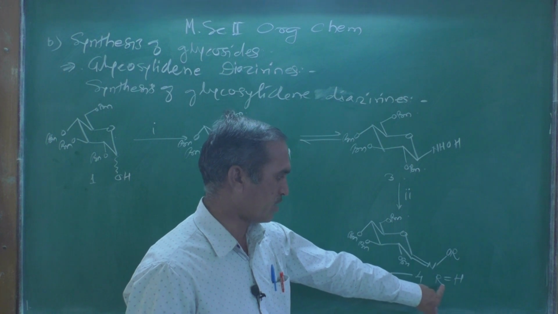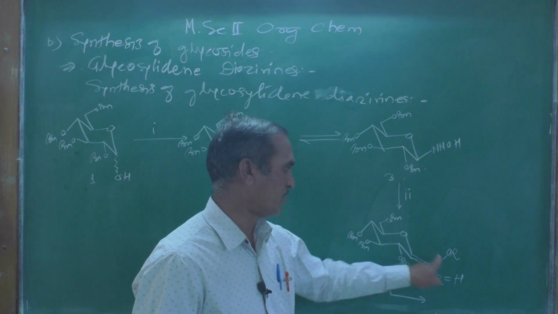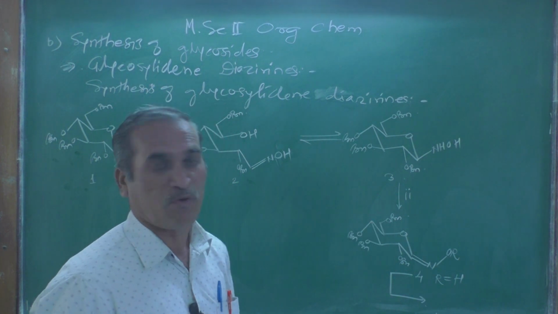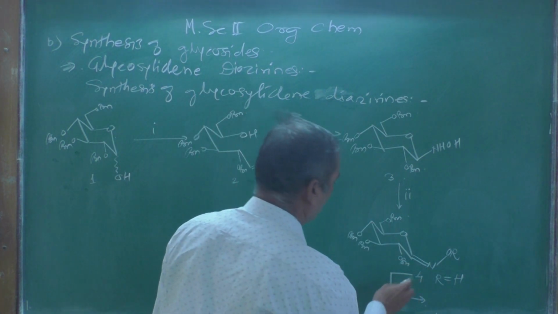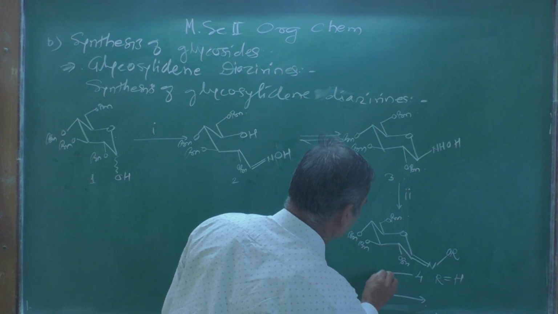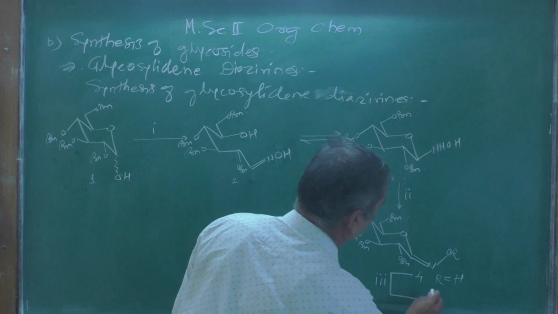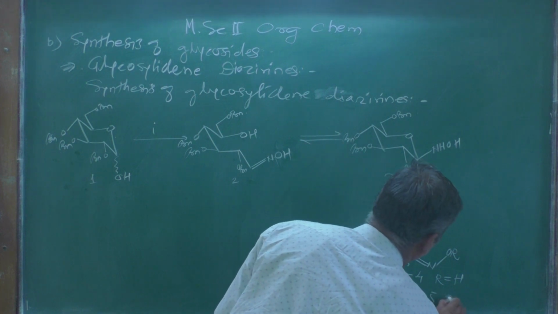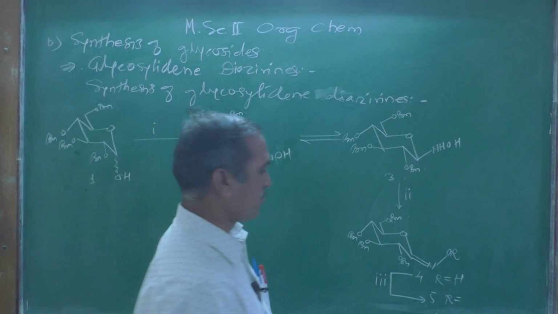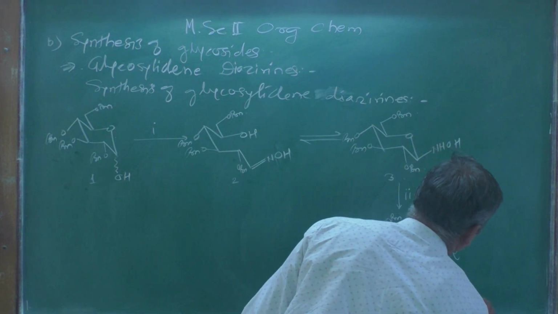I am putting R equal to H, that structure becomes number 4, and that 4 will be treated with reagent number 3. You will get structure number 5 when R is equal to Ms. Ms means methyl group.